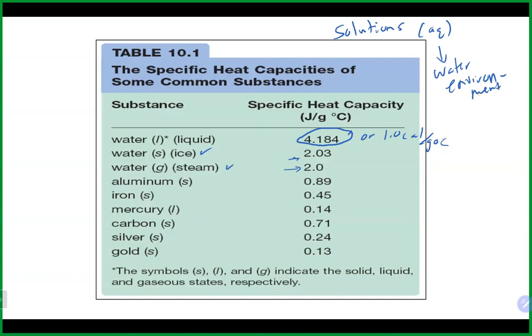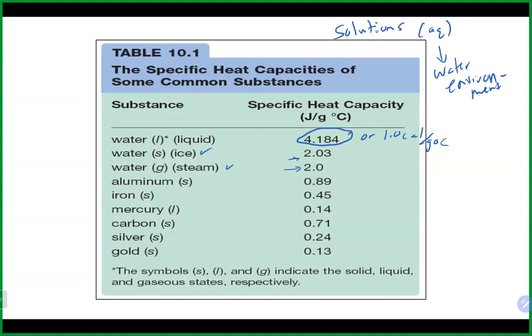Because a lot of solutions are mainly made up of water, we actually can, without knowing the actual specific heat capacity of what's reacting, just assume that it will have a specific heat capacity similar to water. So we could do the calculation really easily.